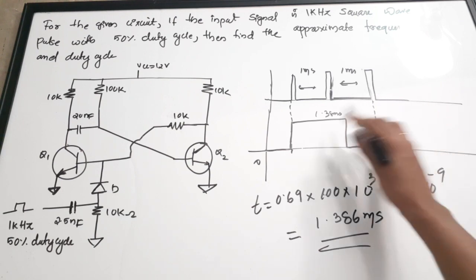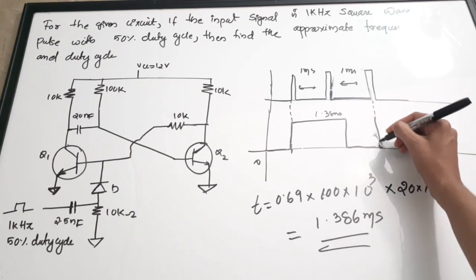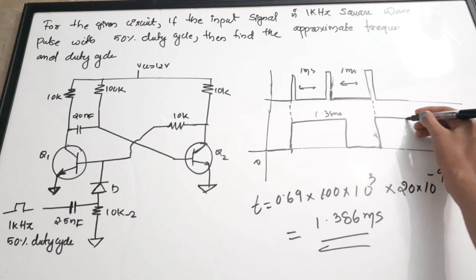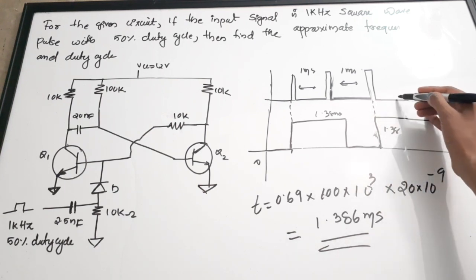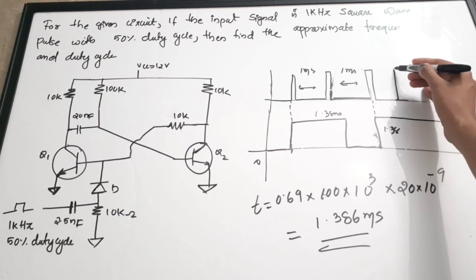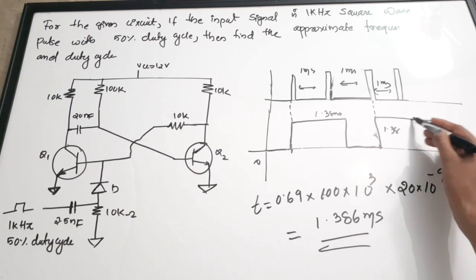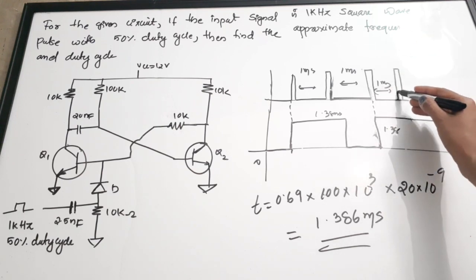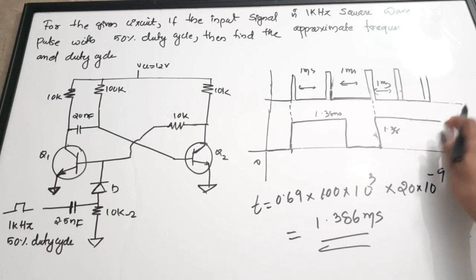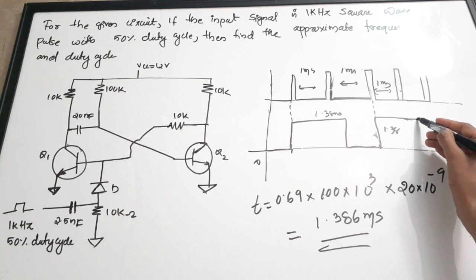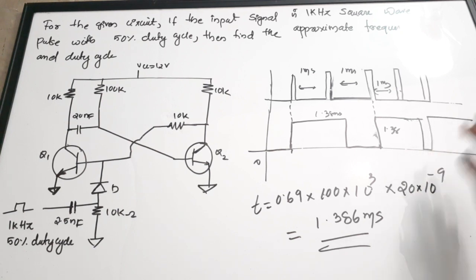When the third triggering pulse comes, it will again shift to the unstable state and stay for another 1.38 milliseconds. During the next triggering pulse it won't be affected, because it is already in the unstable state. But during the next pulse after this, after 1.38 milliseconds it will shift, and then again go to the unstable state, likewise.